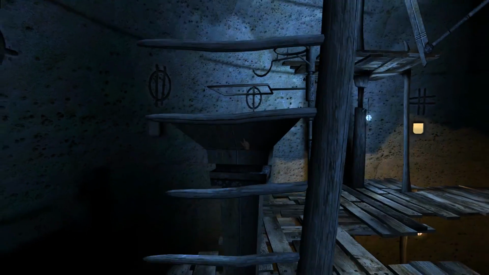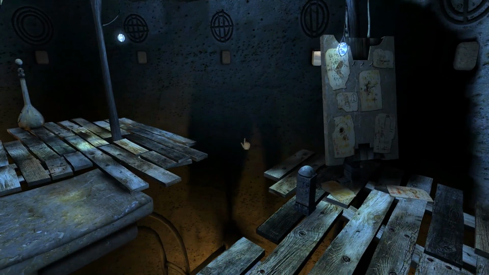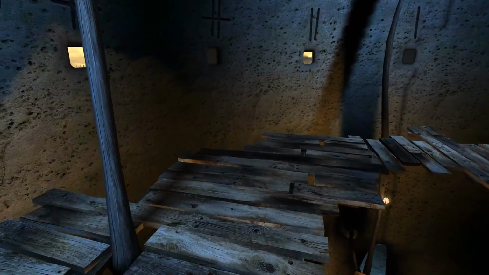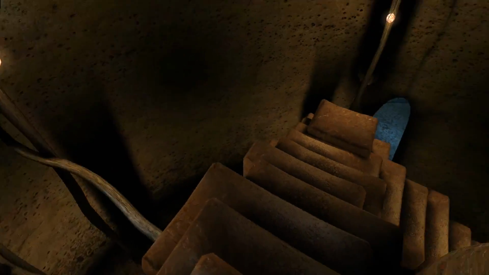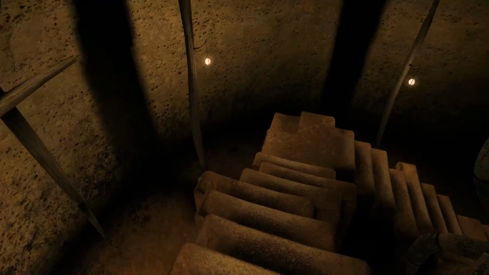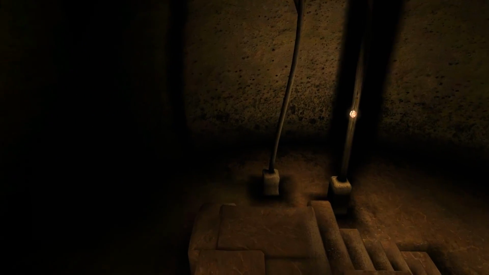Alright, so he said seal this place. I don't really know what that means, but there's a few versions of what it could mean. I'll just do all of them. But it basically means undo what I've done so far, as far as I can tell. And then I can climb to the top.